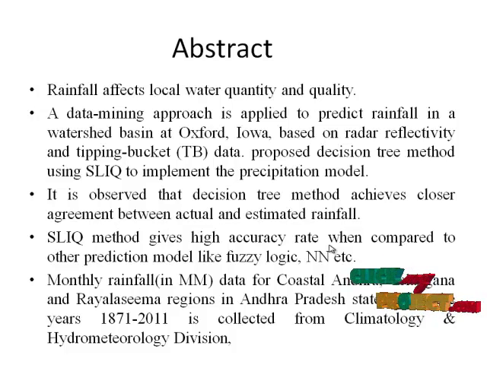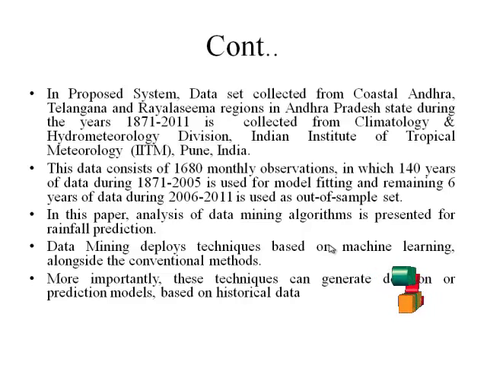Monthly rainfall data for the coastal Andhra, Telangana and Rayalaseema regions in Andhra Pradesh state during the years 1871 to 2011 is collected from the Climatology and Hydrometeorology Division, Indian Institute of Tropical Meteorology, Pune, India.